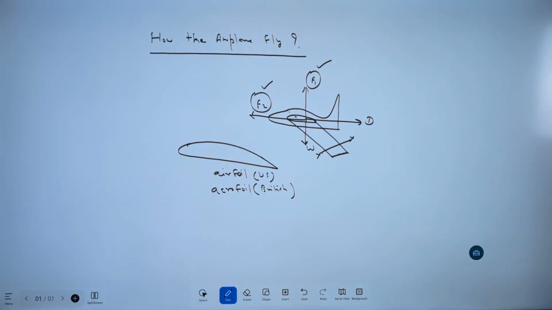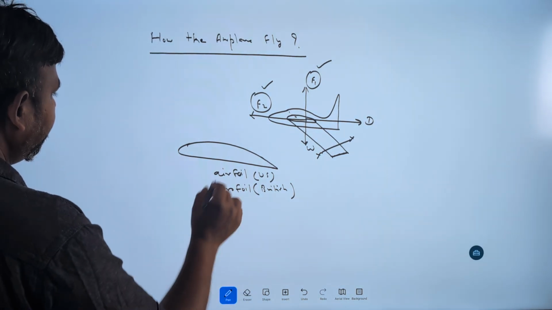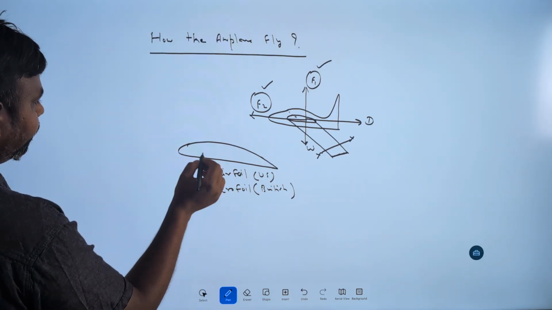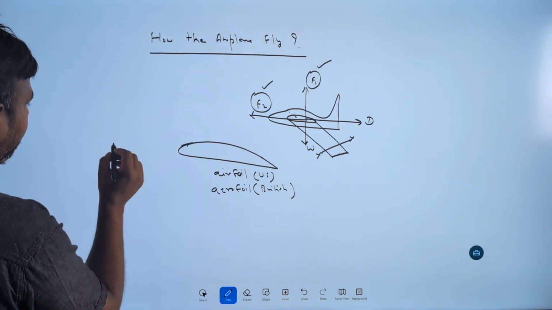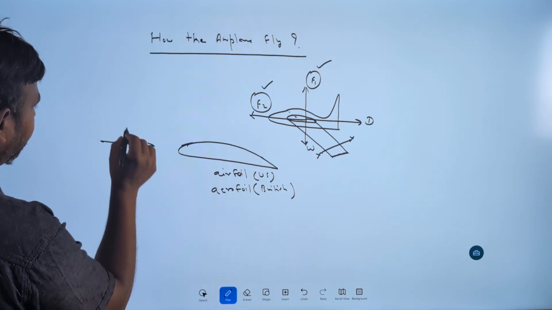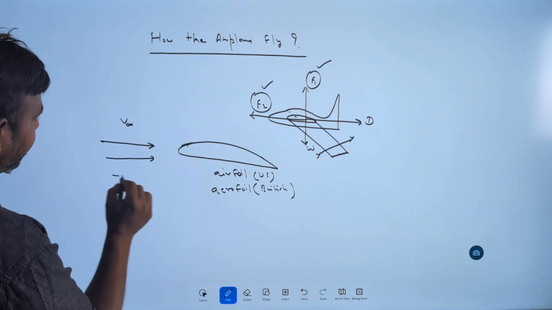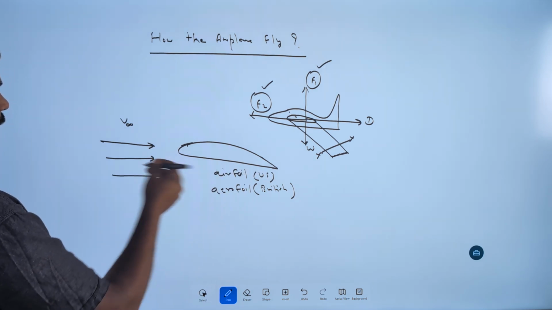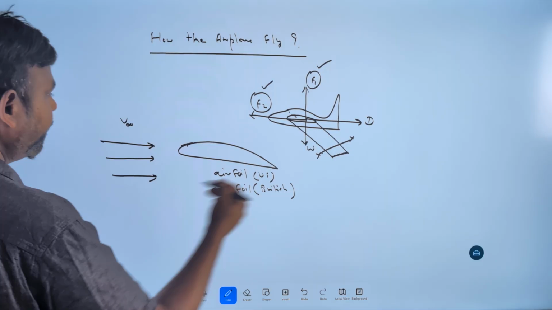So suppose we are imagining that this airfoil is in a static position and the air is coming with the V infinity velocity, the free stream. And why this air is coming, we will understand in the next part.